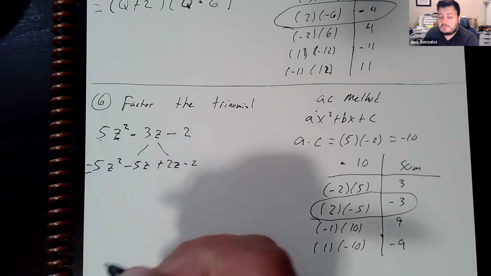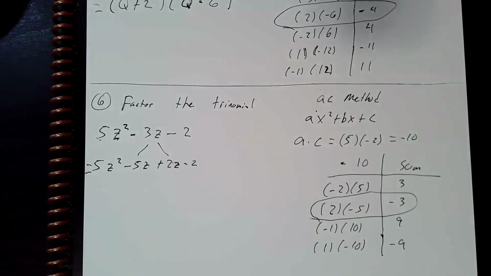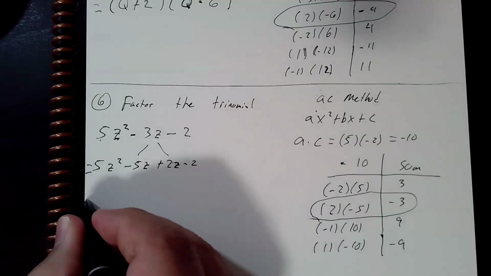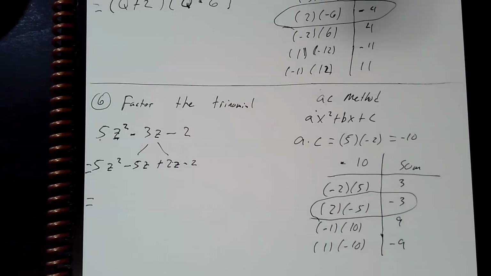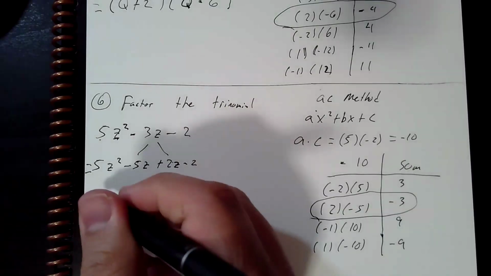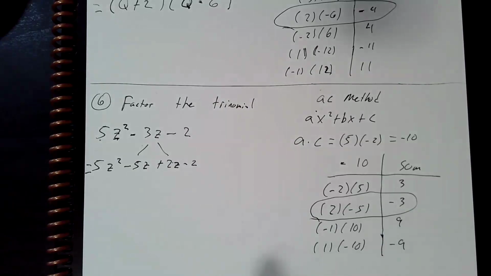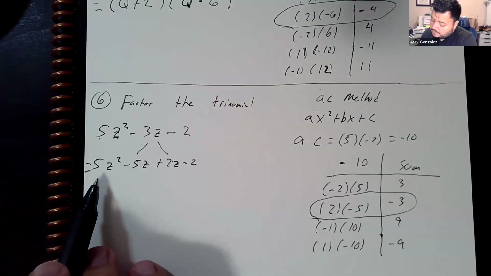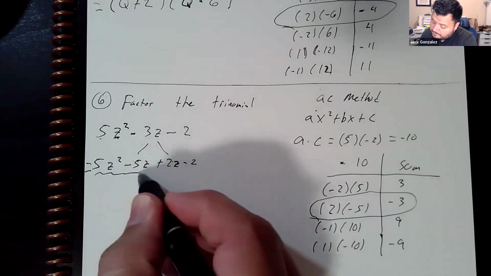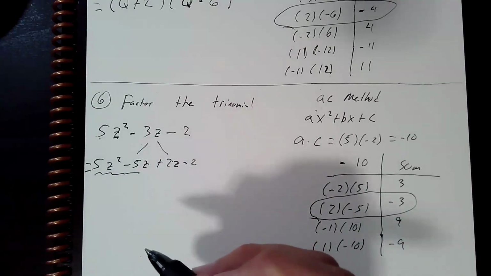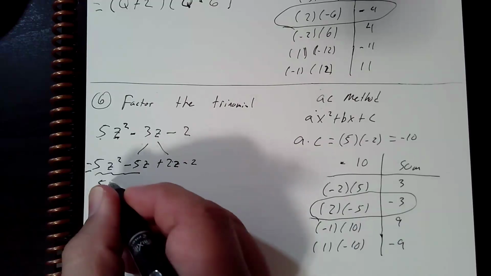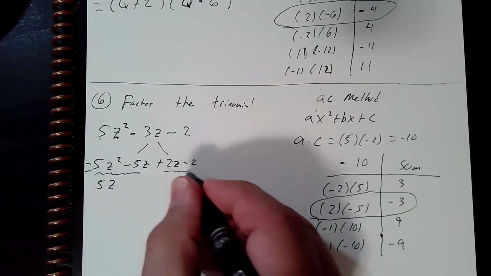So now it's a grouping problem. So then it would turn into 2z squared minus 2. So what do these two have in common? The 5 and the z. These two.